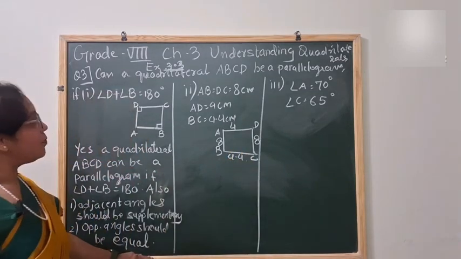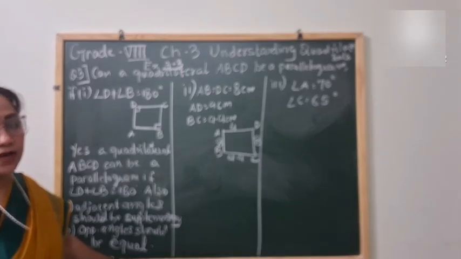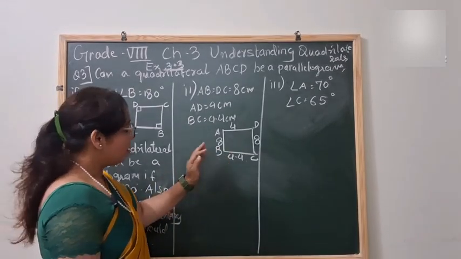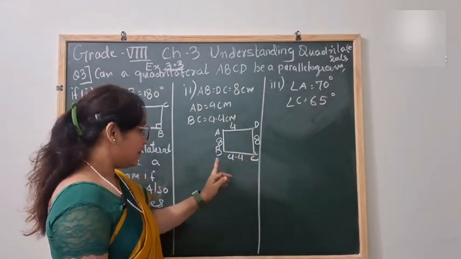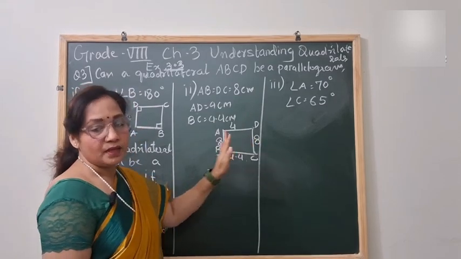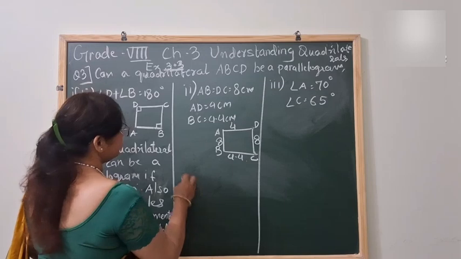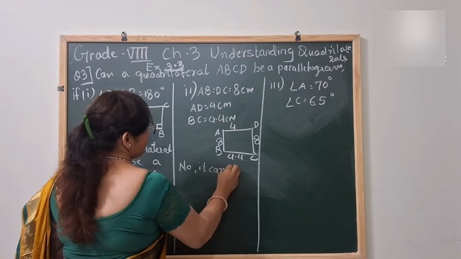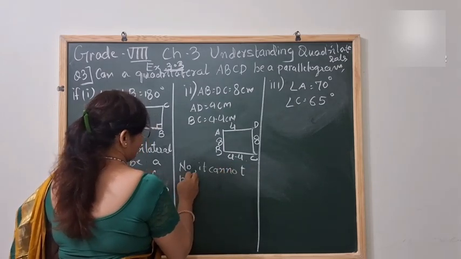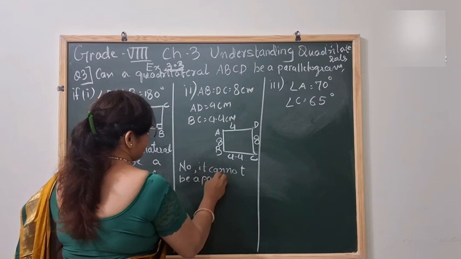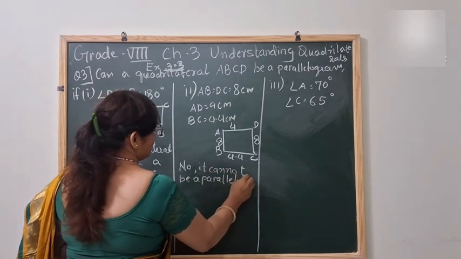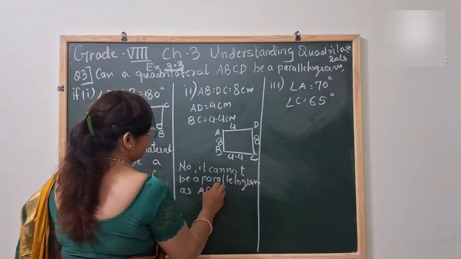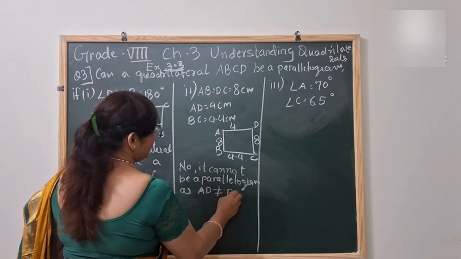But one of the important properties of a parallelogram is that the opposite sides are equal. Here AB is equal to DC, but AD is not equal to BC. So this cannot be a parallelogram. No, as AD is not equal to BC.